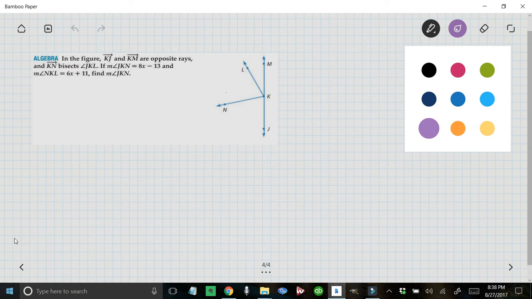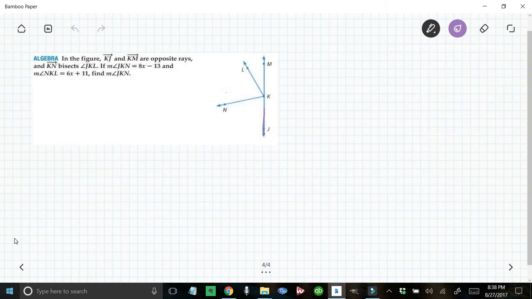So I like to always just trace over that, JKL, and this is bisecting it. So what I would also do at this point is then give each of these one arc or two arcs, whatever your preference is, to show that these two angles are congruent, meaning these two angles have equal measures. And then I'm going to go over top here and label this.